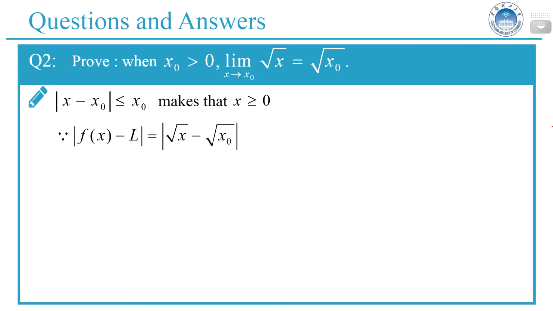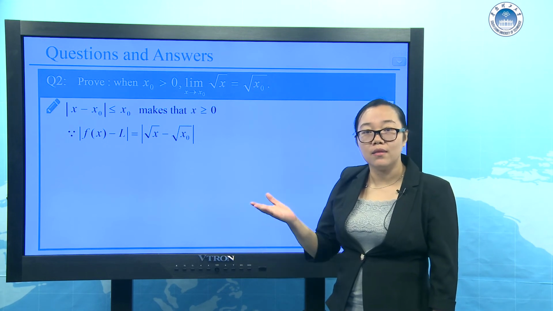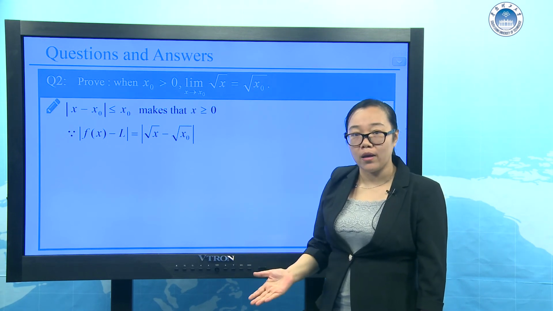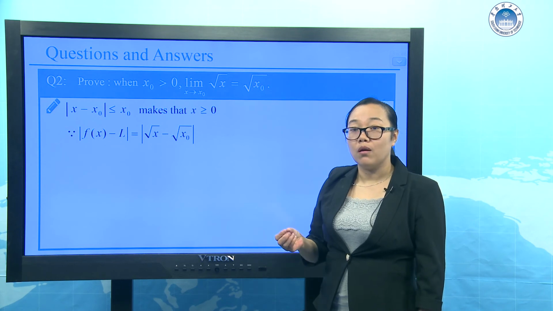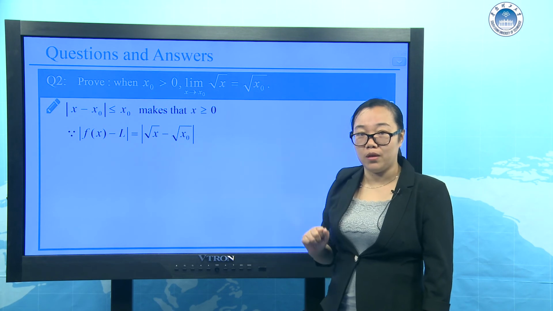So first, |x minus x0| is less than or equal to x0. This expression makes x non-negative, which means our function expression, the square root of x, has a mathematical meaning. Why non-negative for x? If x is a negative number, for example minus 5, there is no mathematical meaning.